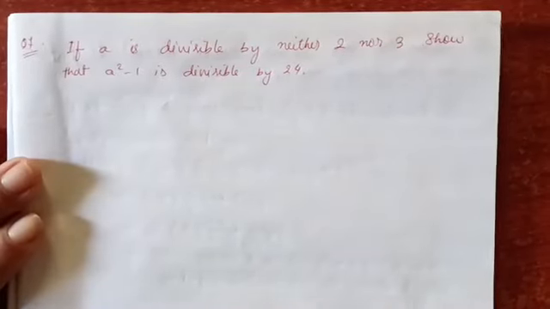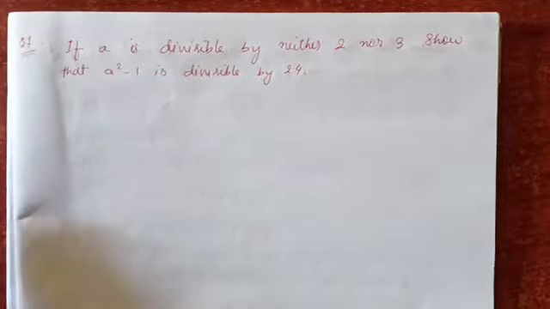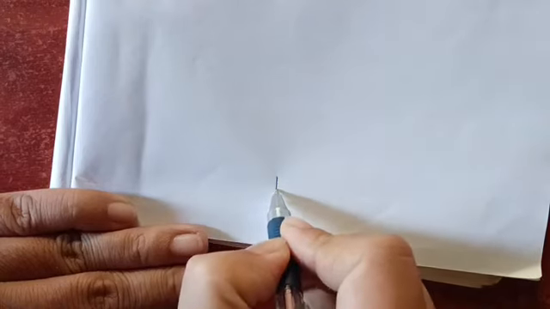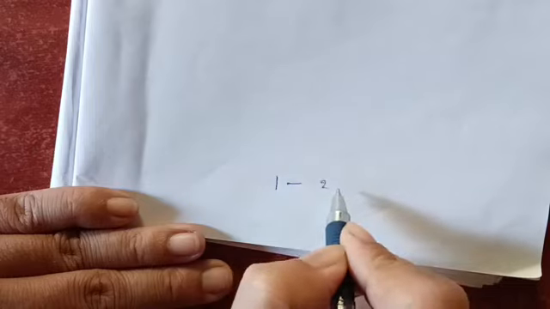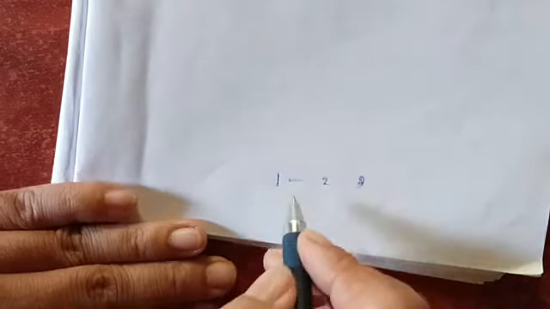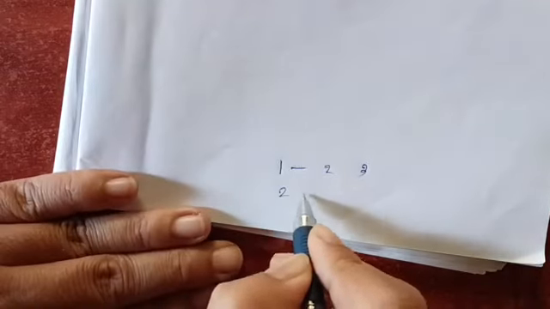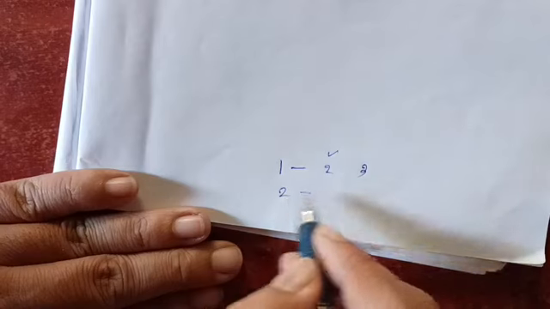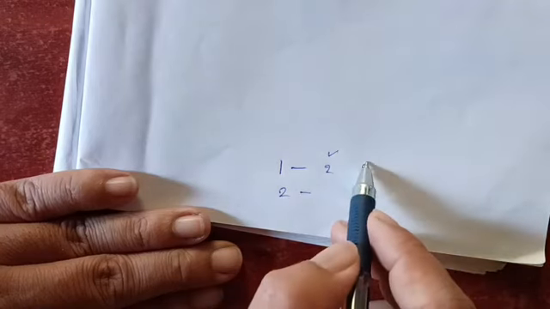Okay, let me give you some example. You see this here. Let's take a number 1. So this one you cannot divide by 2 and you cannot divide by 3. All right, then what about this number 2? Number 2, it can be divided by this 2, but this 2 it cannot be divided by 3.